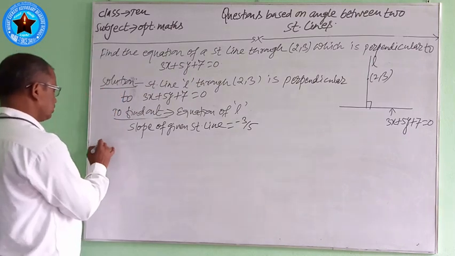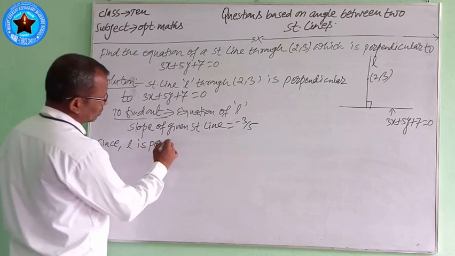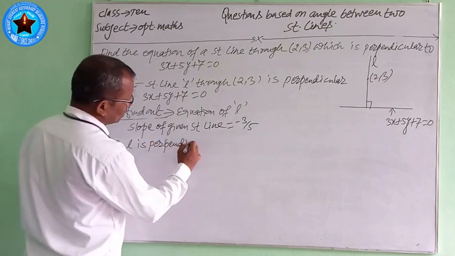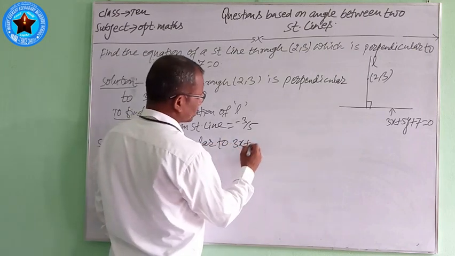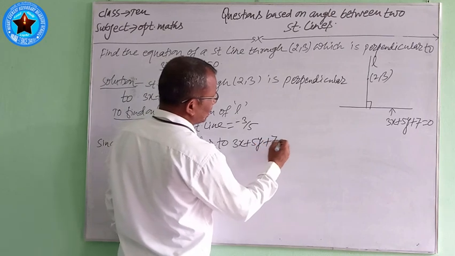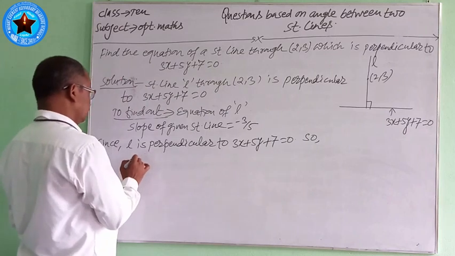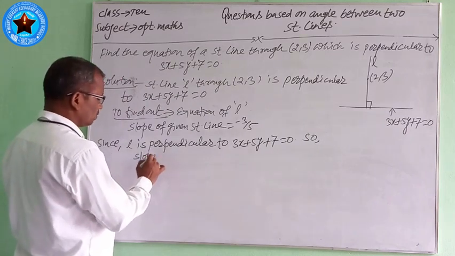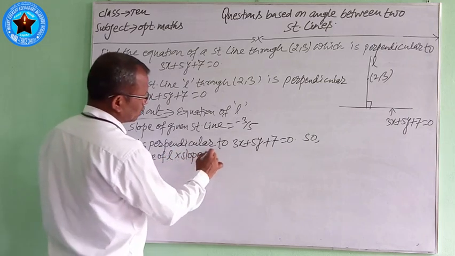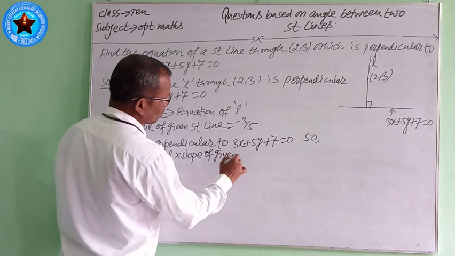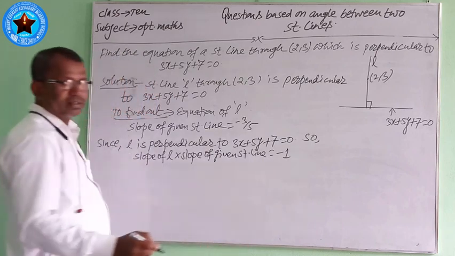Since L is perpendicular to 3x plus 5y plus 7 equals 0, the slope of L into the slope of the given straight line should be equal to minus 1.